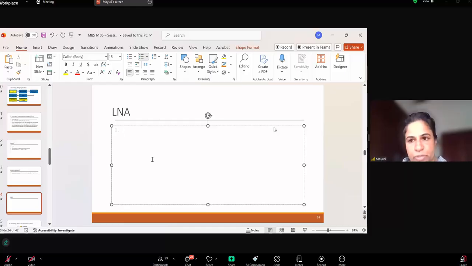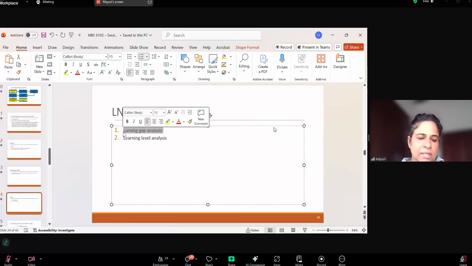One is learning gap analysis. Number two, learning level analysis. So these are the two steps in learning need assessment.